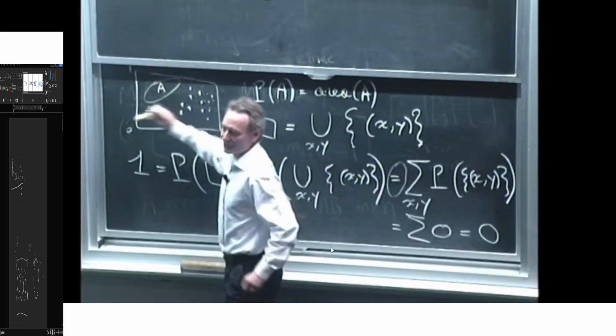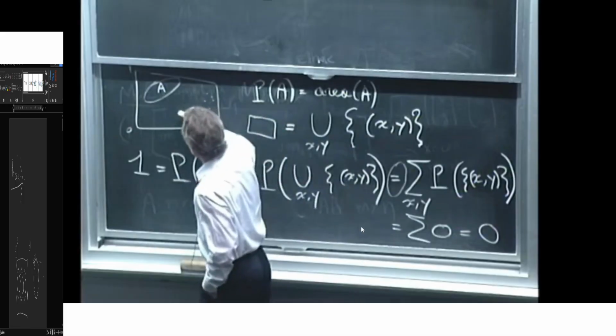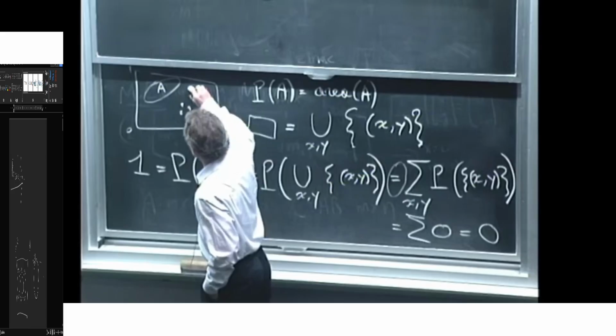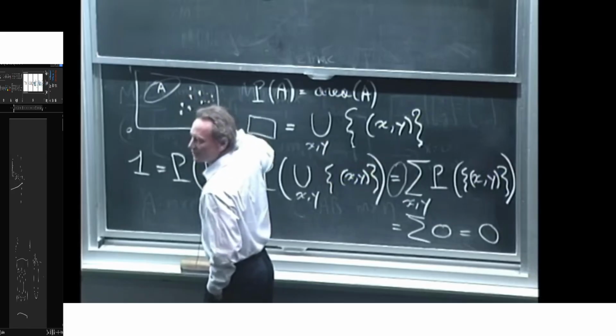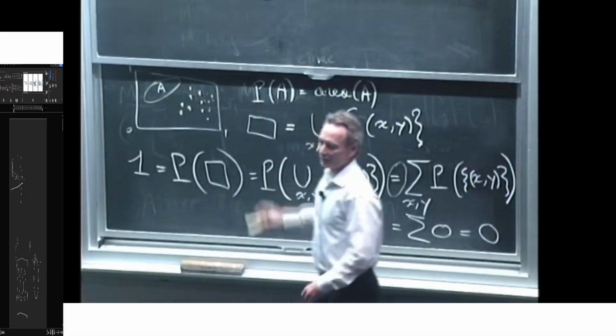Can you make up the whole unit square by taking a sequence of elements inside it and cover the whole unit square? Well, if you start looking at a sequence of one element points, that sequence will never be able to exhaust the whole unit square.